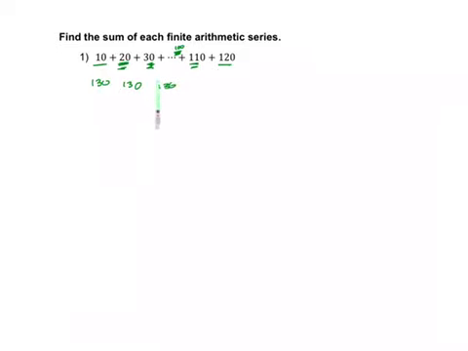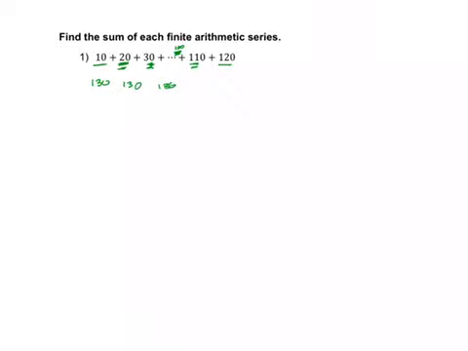So on an arithmetic series, that number is going to repeat n over 2 times. Why n? Because n is the position of that last term, so it's going to repeat half of those times.